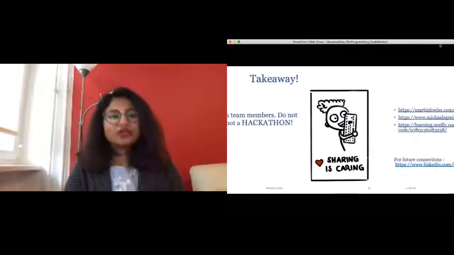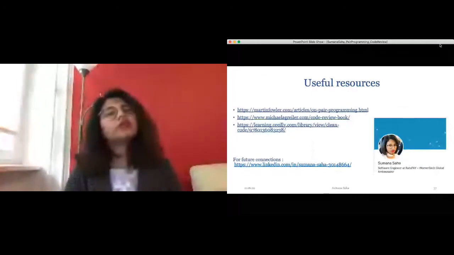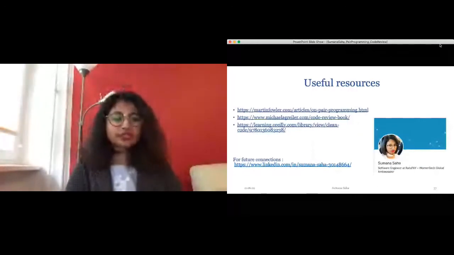Then the useful resources you can find, which is one particular thing I really follow. Martin Fowler is a renowned software engineer and now, I think, architect. He has done tremendous good work in the software development industry. You can take a look at his pair programming article.